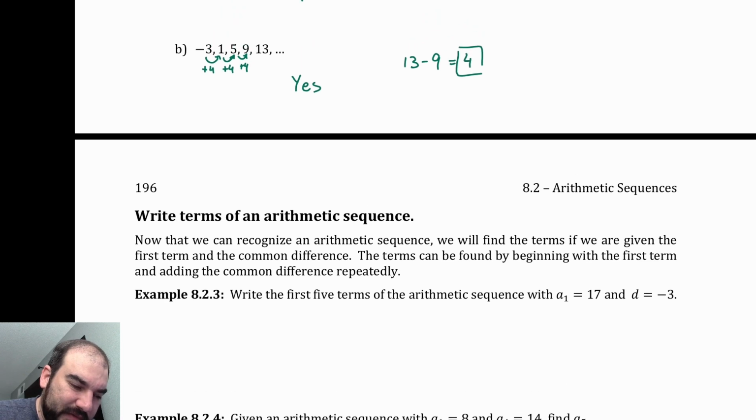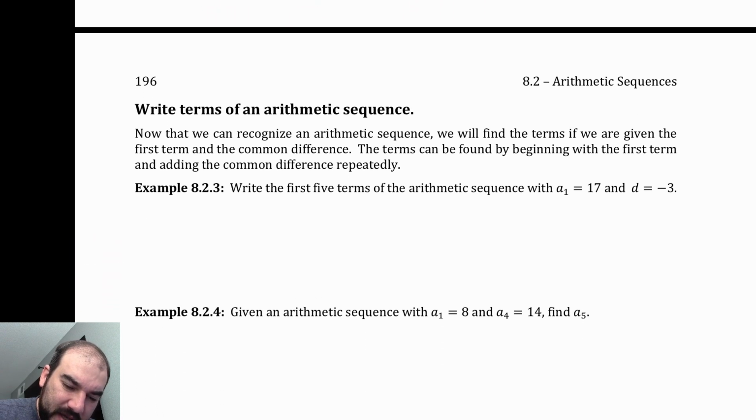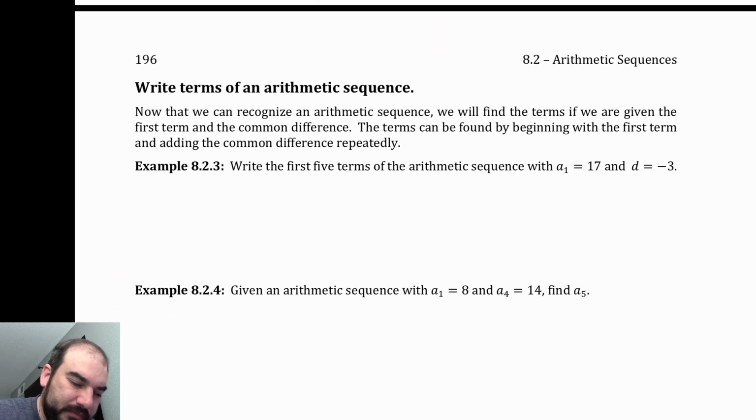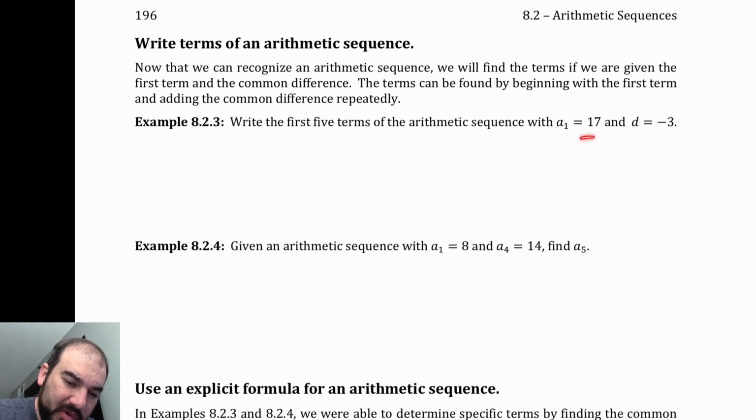Now, if we have the common difference and we have the first term, such as this example here, we can just start writing the terms because we know what the first term is. A1 is 17, which means my first term is 17. And then my next term will follow by adding the common difference to the first term. So when I add negative 3 to 17, I will find the next term of 14, and so on.